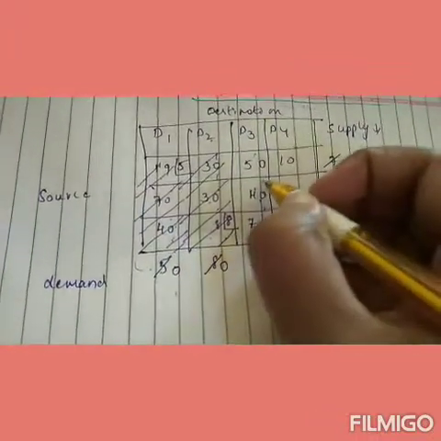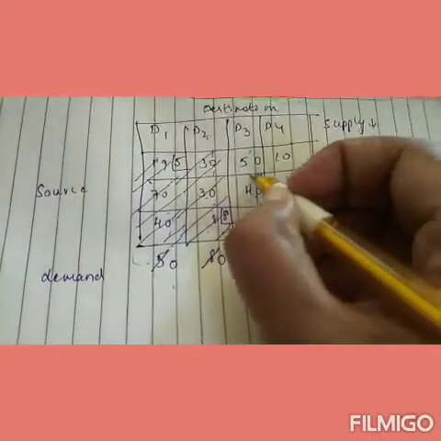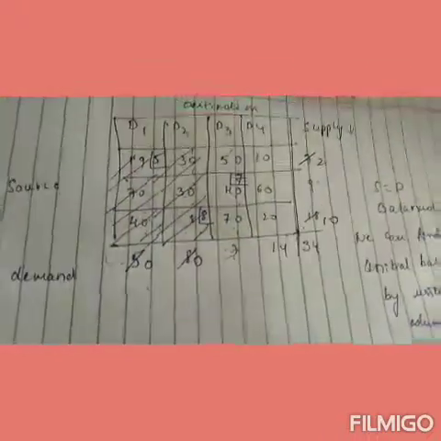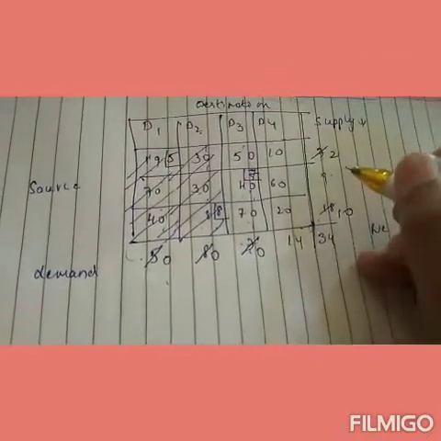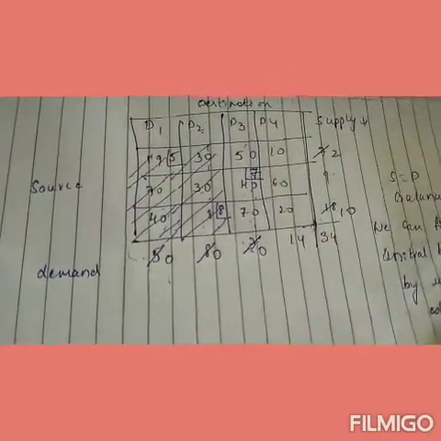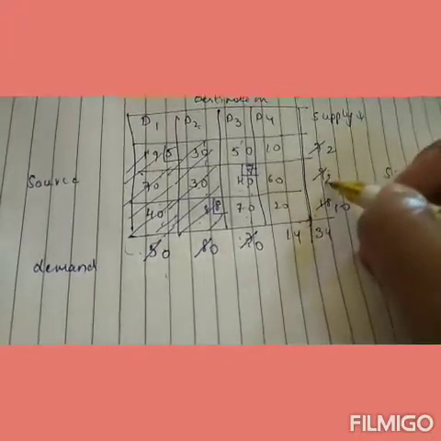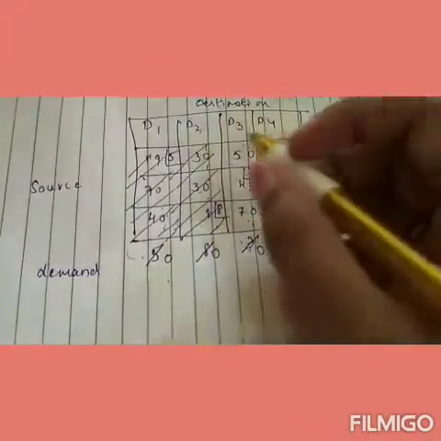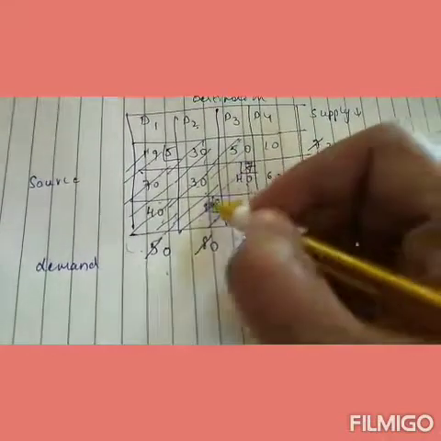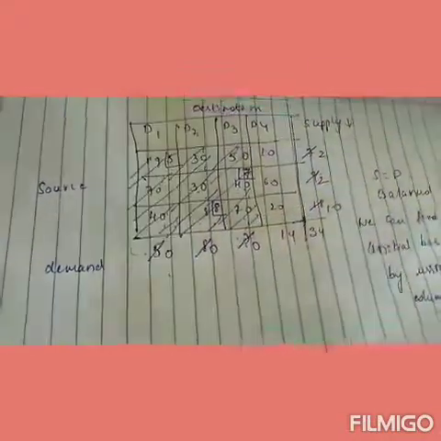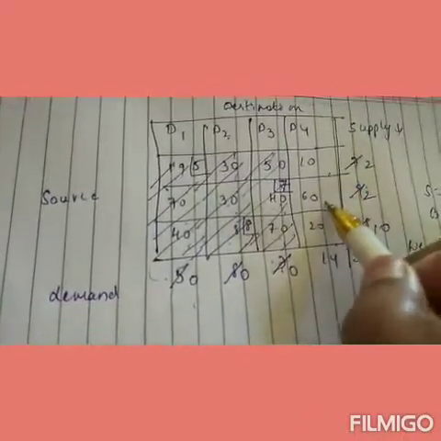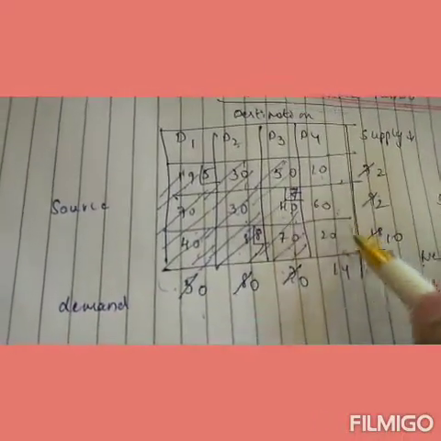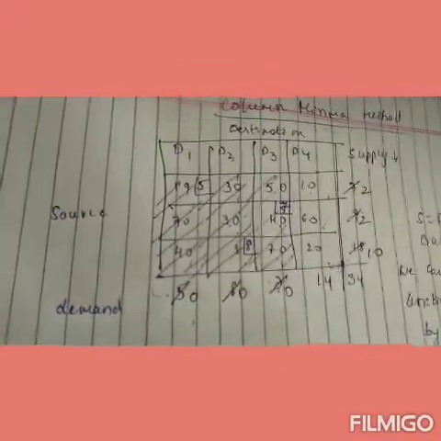So we allocate 7 here, and 9 minus 7 is 2. The demand is 0, so we cancel this column. Next remaining column is 10, 60, 20. Which is minimum?